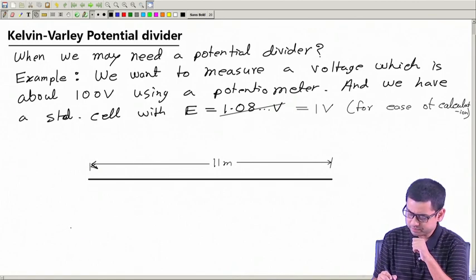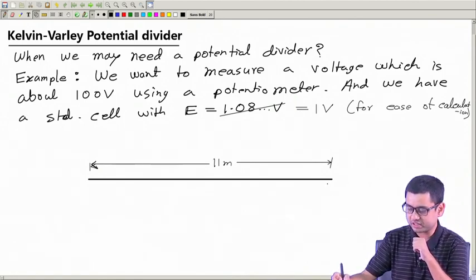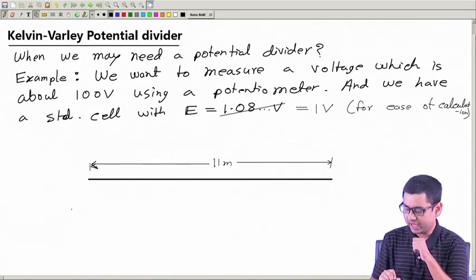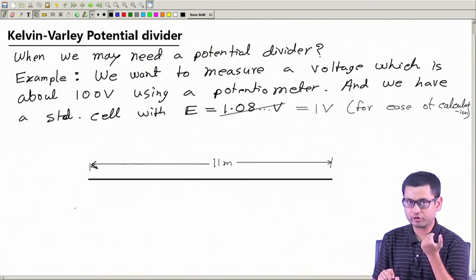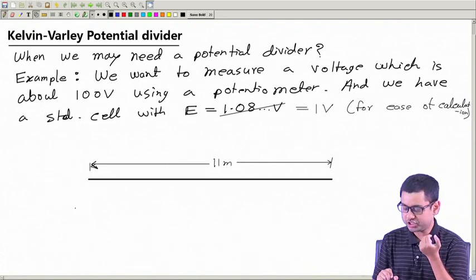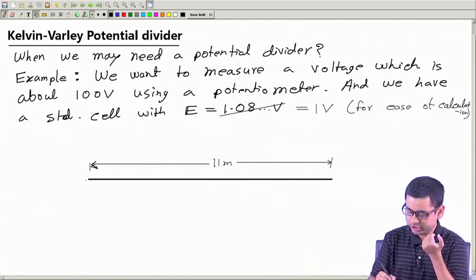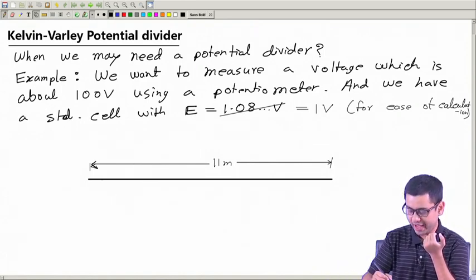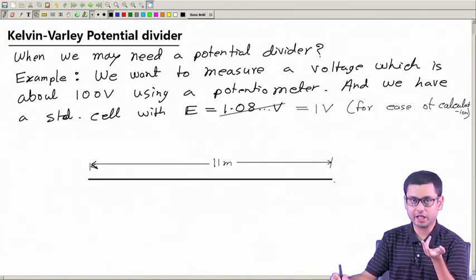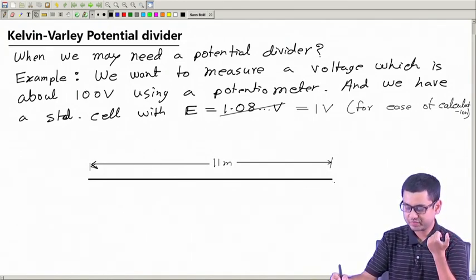Okay. Now, we want to measure 100 volt, something around 100 volt. It is only possible if the voltage between the 2 points of this wire is greater than the unknown voltage, which is 100 volt.